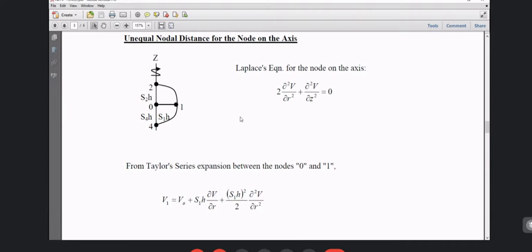And flux line is nothing but the resultant of the first order derivative of electric potential, which means the electric field intensity component. So if you take del V del R, it's the R component. On this diagram, it will become horizontal. If you take del V del Z, it will be the Z component, and that will become the vertical.